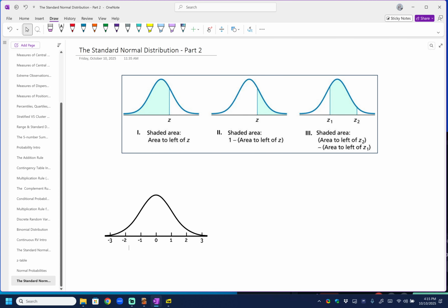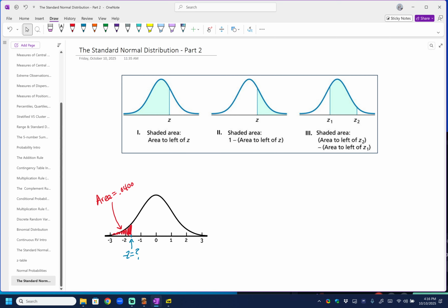In other words, let's suppose that we know that there is a value of z, let's say about right here, in which the area below it is actually provided to you as 0.0400. The key, though, is we don't know what that z value is.